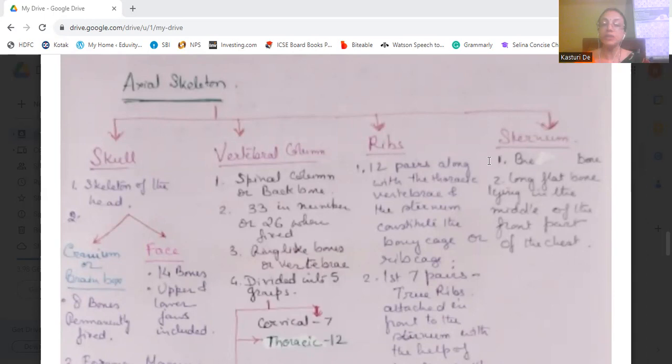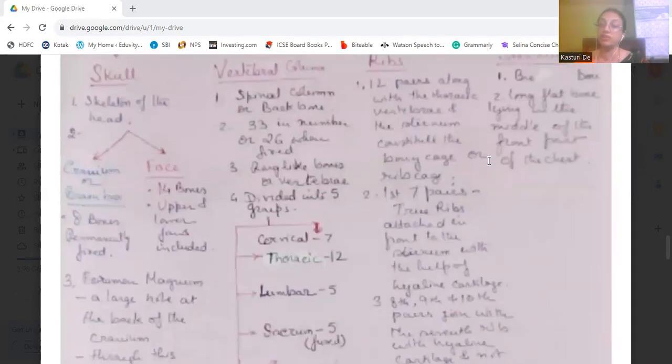First is the cervical region, that is the neck region, which consists of 7 bones. The thoracic region is from just below the neck till the lumbar region. Thorax, you can say. From that, thoracic has come. There are 12 bones.